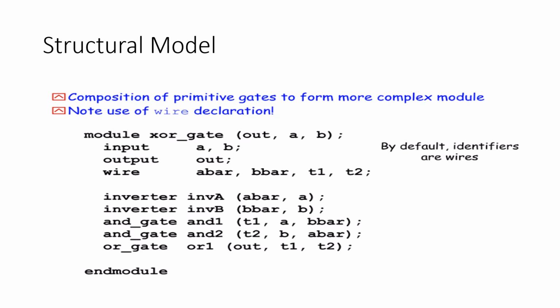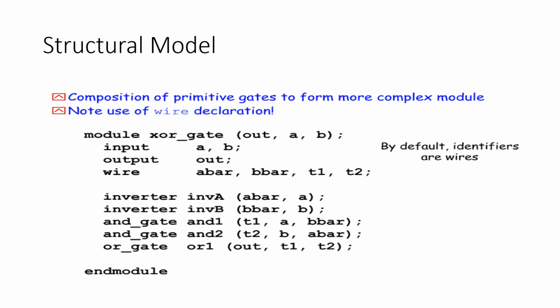As we all know, an XOR gate consists of two inputs, A and B, and one output, out. The inputs and outputs are defined here, and we have used the wire command for a bar, b bar, t1 and t2, by making use of which we connect the gates.